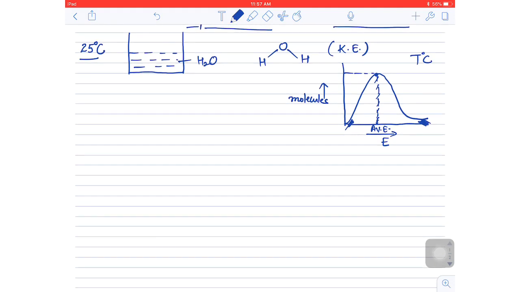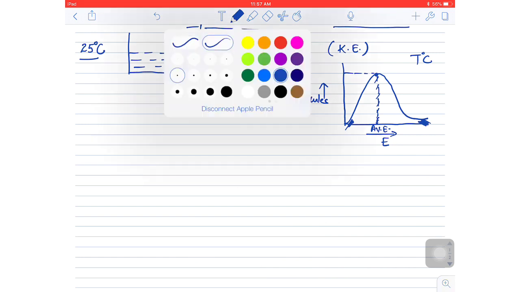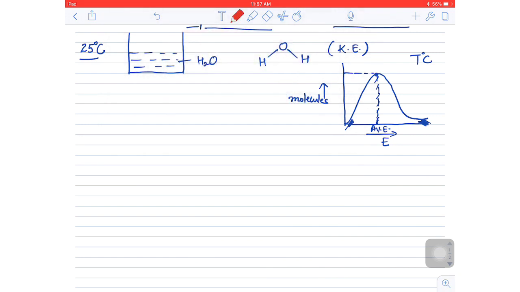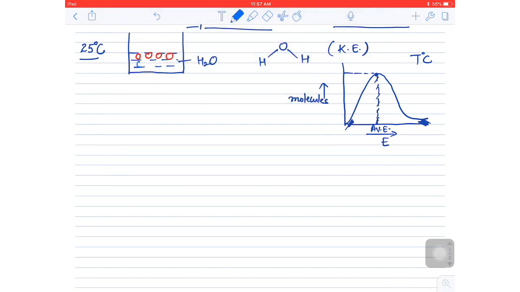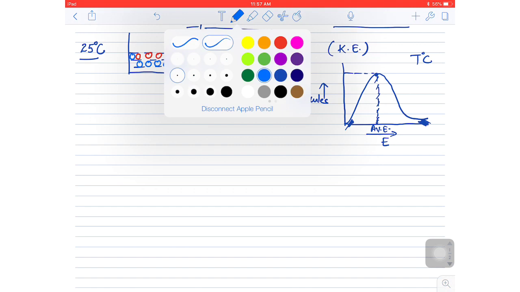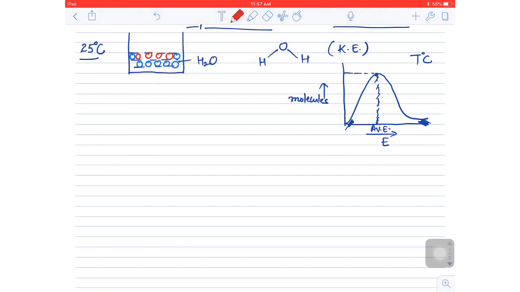So in our sample, if we represent high energy molecules with this red color and low energy molecules with this blue color, what will happen? The high energy molecules which are lying near the surface can easily overcome the interactions and move into the vapor state, or leave the surface of this liquid, which is water.